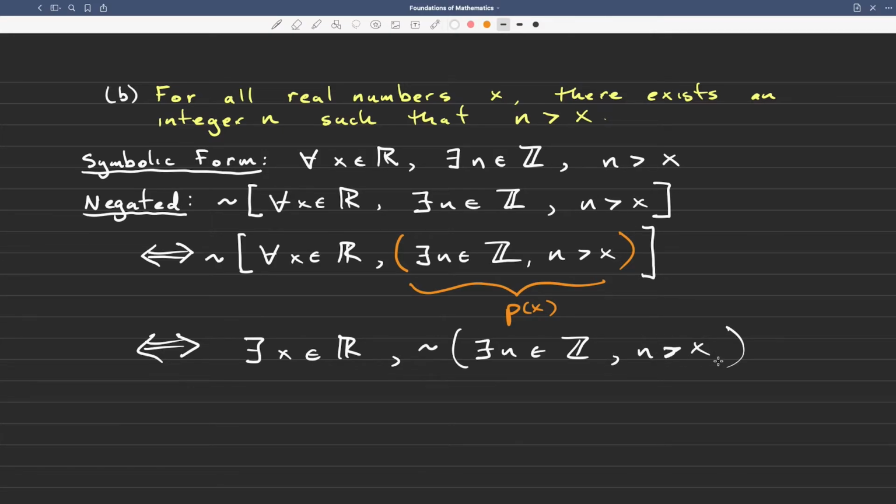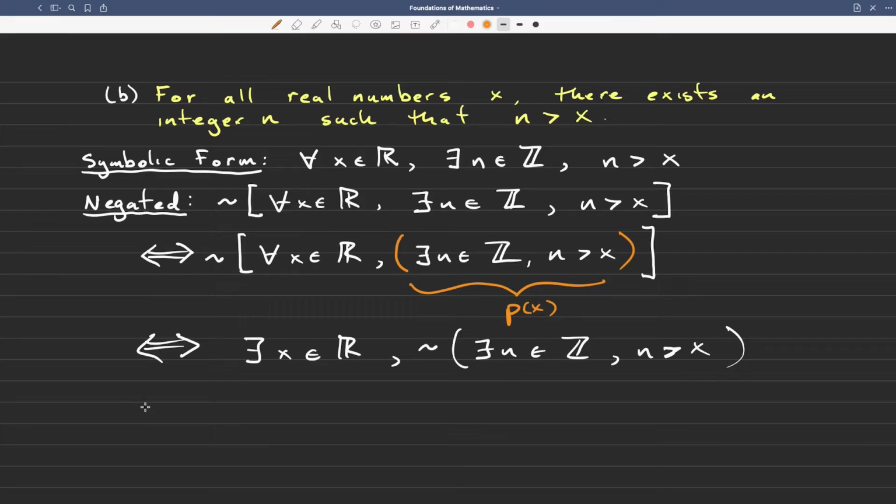Okay, so now I've got a new quantified statement to negate. And this time I've got my quantifier here, there exists an n, and then this would be my p of n. And then how do you negate there exists an n, p of n? Well, it becomes for every n, and then you negate the p of n.